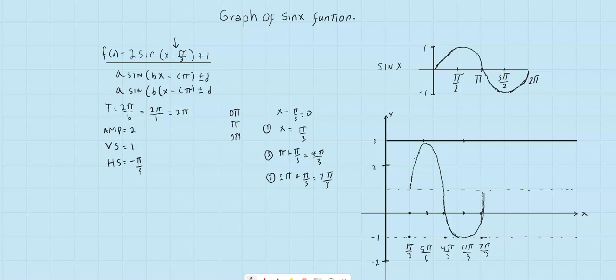This is our new graph of our sine. You can see the transformation that it took. This is the way it was, and this is the way it is now, because it was shifted pi over 3 to the right, and then it had a vertical shift up of 1.